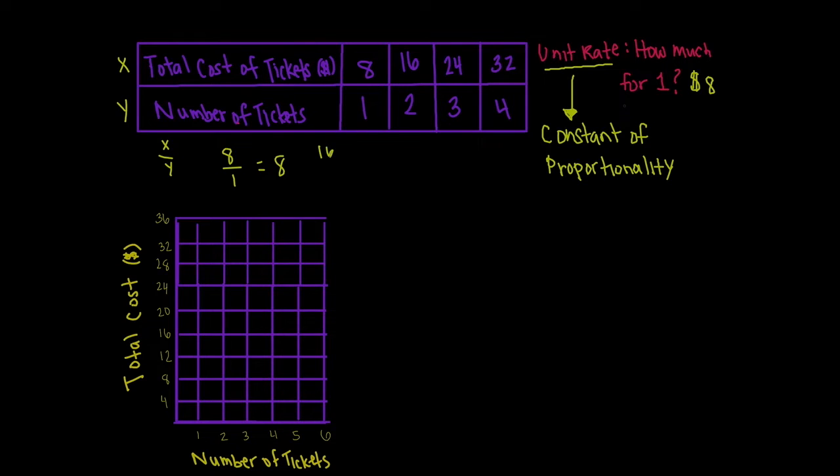The next one is 16 over 2, which is 8. The next one is 24 over 3, which is 8. And the last one is 32 over 4, and 32 divided by 4 is 8. So in this case, the unit rate is 8, so the constant of proportionality is 8.